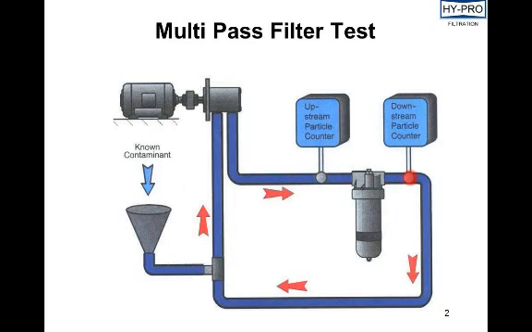From this we get a removal efficiency, how efficiently the filter removes particles of different sizes, and we also get an idea of the dirt holding capacity of the filter element because we monitor how much contaminant is injected until the filter reaches its terminal pressure drop. So, a basic view of multi-pass filter testing.